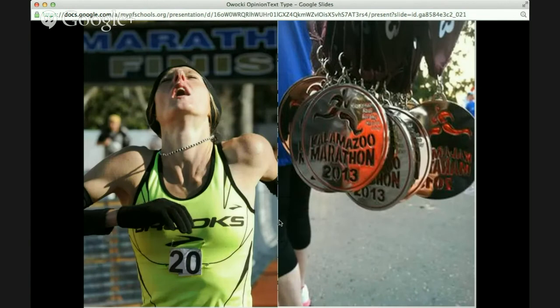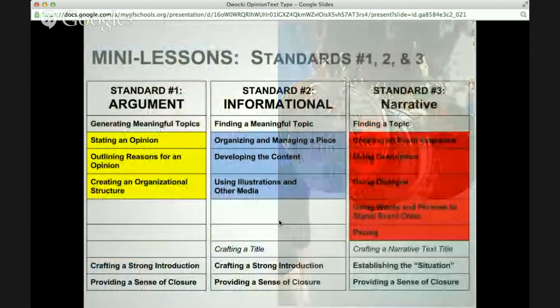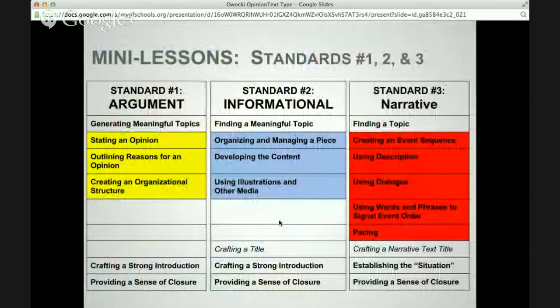Well, here we are coming into the home stretch. And honestly, when we start to see these charts that are bringing the three text types together, showing what's the same, what's different, this was helpful to look at the mini lessons and to see, oh my gosh, all of them begin with finding a topic or creating a topic.